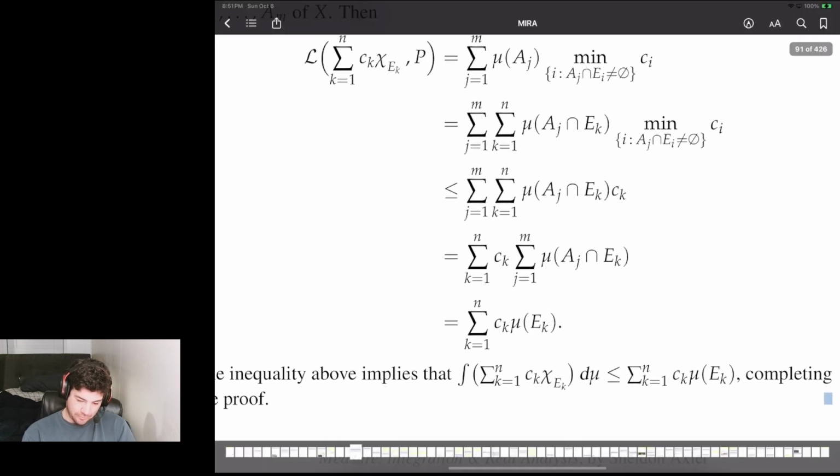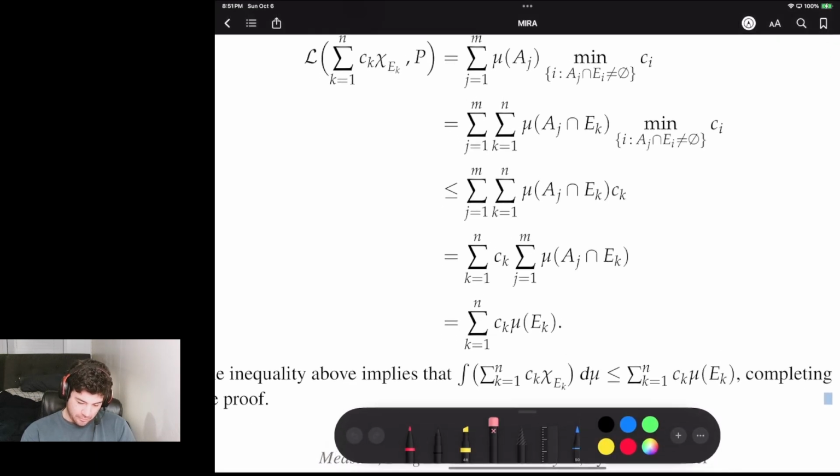This only depends on ck, right? So ck needs to stick with the sum.